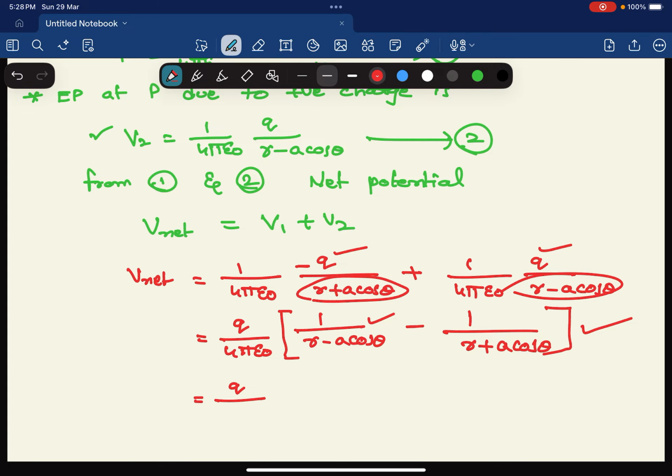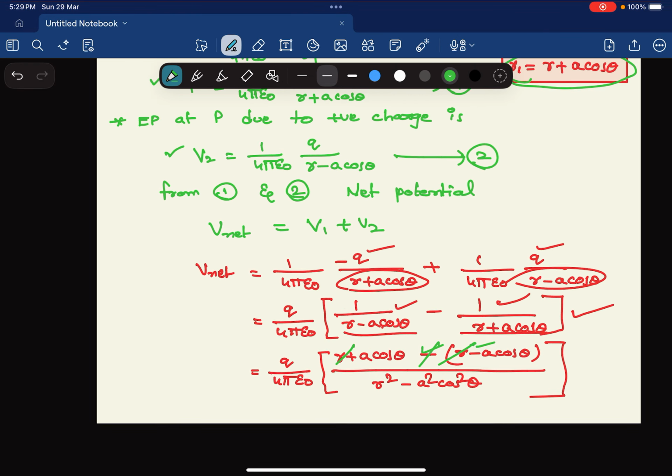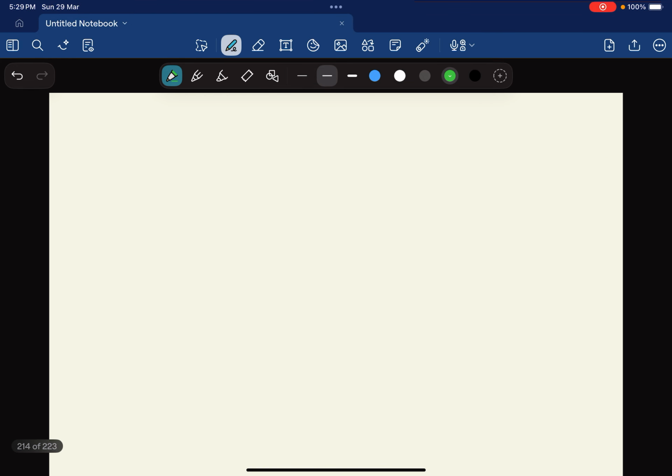So q by 4 pi epsilon naught into R plus a cos theta minus, this goes this side, R minus a cos theta, by the denominator terms we can write as R square minus a square cos square theta. Okay, so look at this equation carefully. So this is plus R and this is minus R, and then minus of minus becomes plus, right? So the next step, I'm going to change to the next page.